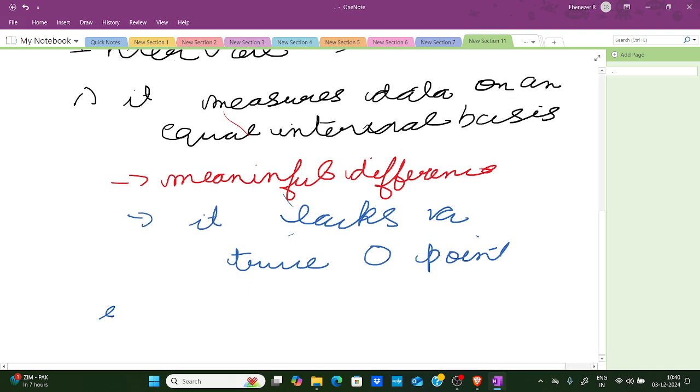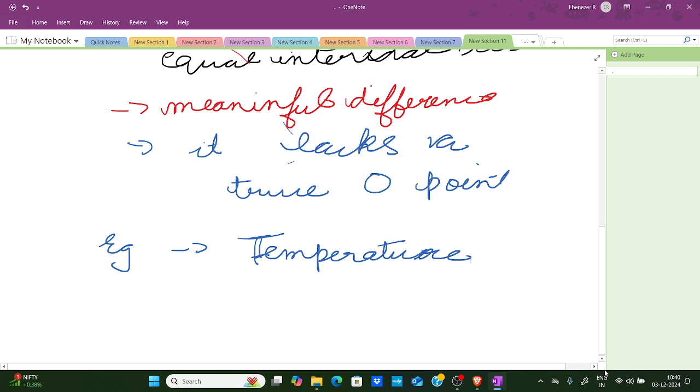For example, temperature. We all know that temperature can be measured in Celsius or Fahrenheit, right?